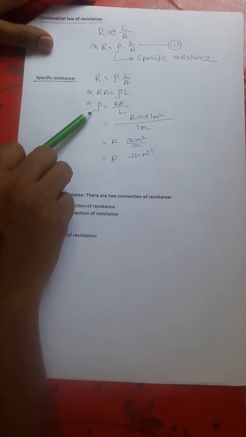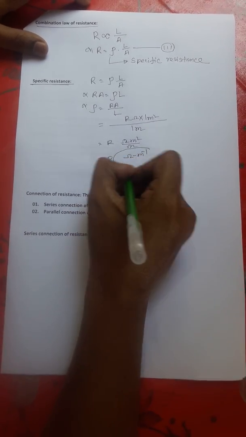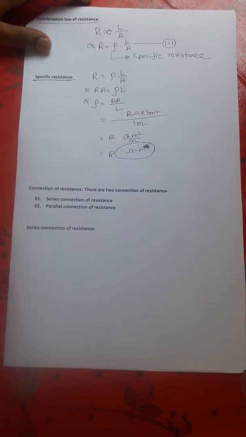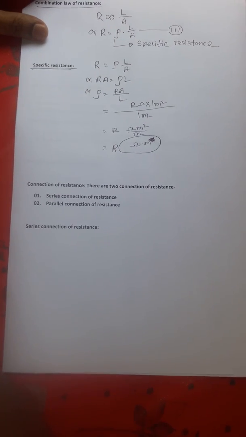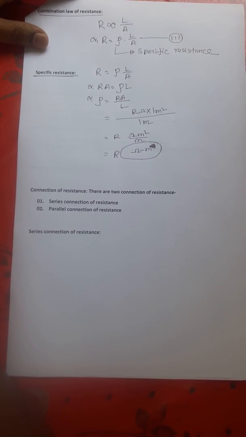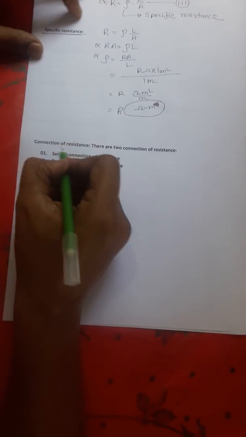And this specific resistance is normally denoted by rho, and the unit of this specific resistance is ohm meter, not ohm per meter. This specific resistance, listen to me, normally depends only on the material of the conductor.